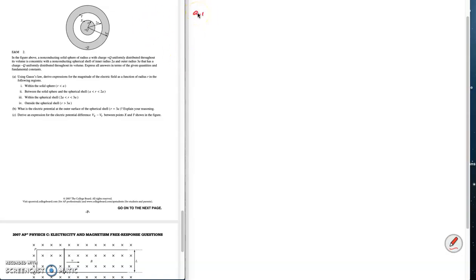So A1: Q enclosed over epsilon naught equals the integral of E dot dA. Now for all of these, the area is going to be 4 pi r squared. That's not going to change for all of them. It's just what the limits on r are going to be for what we care about.